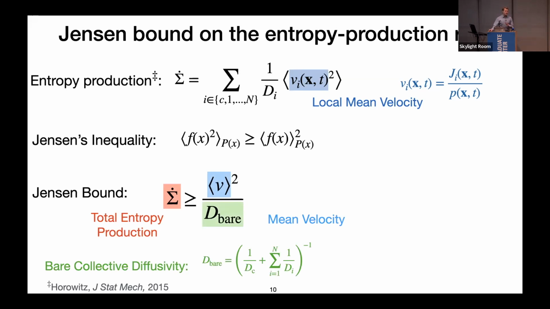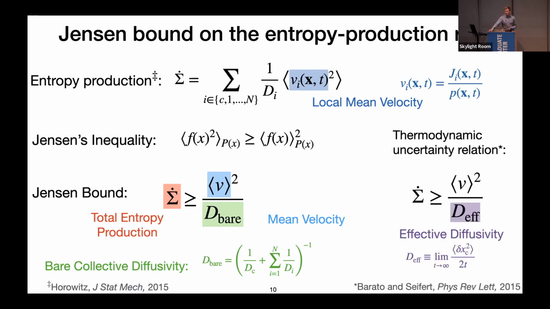You've got the equation there, but a way to think about this is basically a single parameter that encapsulates contributions from each component of the system. So if you understand how each component of the system, motors and cargo, operates in isolation, then you can calculate this D bare without actually knowing the collective behavior of the system.